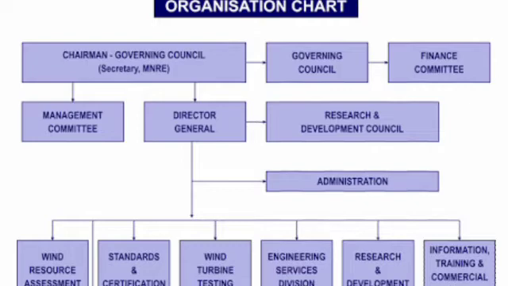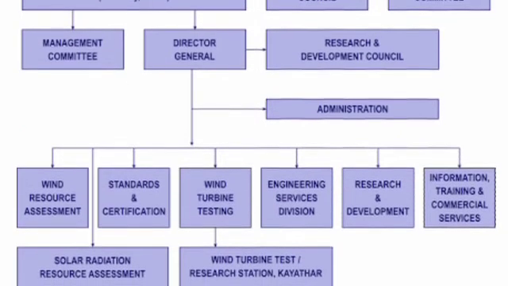Under the chairman there will be a management committee and a director general. The director general also has a supporting team for research and development. There is a research and development council, and there is also an administration council. Under the director general there are so many departments: the wind resource assessment department, then the solar radiation resource assessment department, and the standards and certification department.